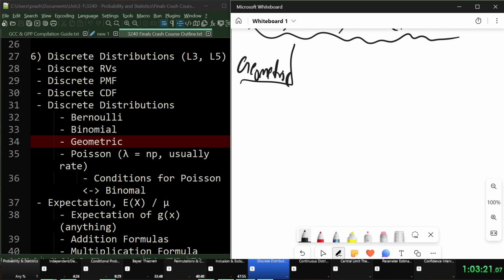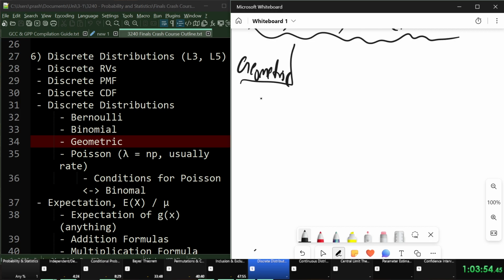Geometric is similar, except this is for distributions or probabilities where you fail continuously until you succeed once at the end and stop. It's like that lottery question from the tutorial. You keep trying at the lottery over and over and over again until you succeed. Once you succeed, you got the money already, so there's no need to try again. Unless that human is exceptionally greedy, but we're not talking about human greed right now.